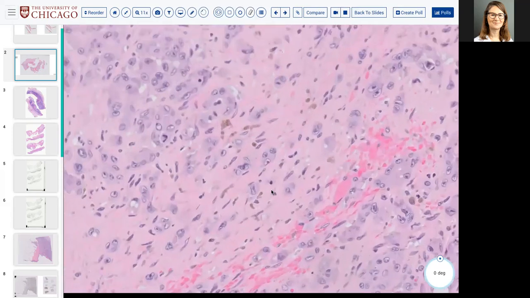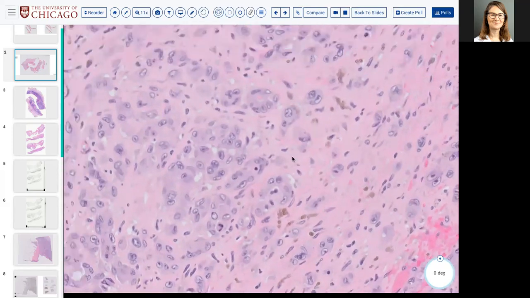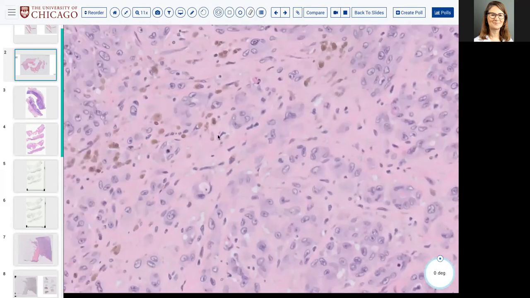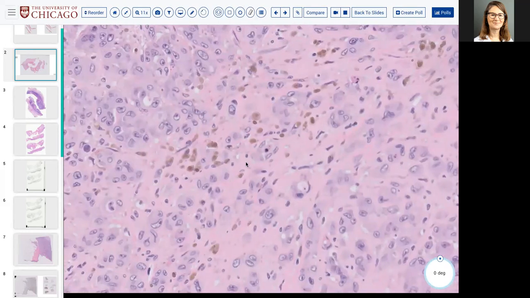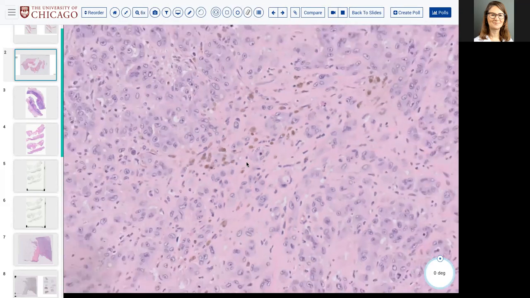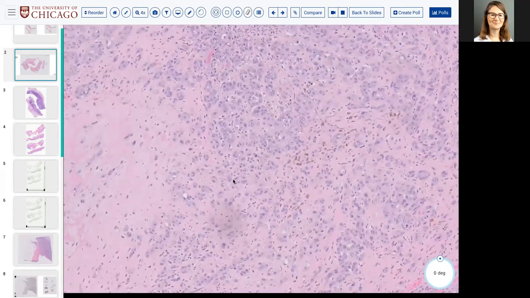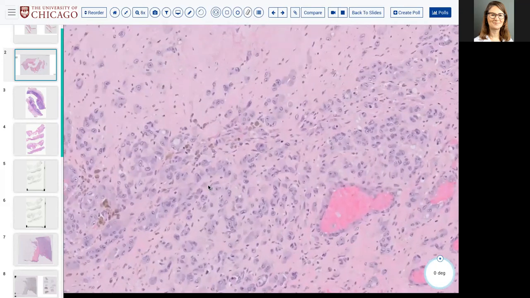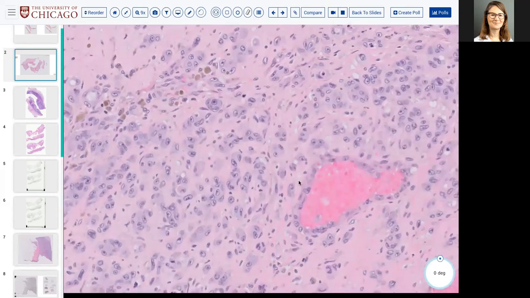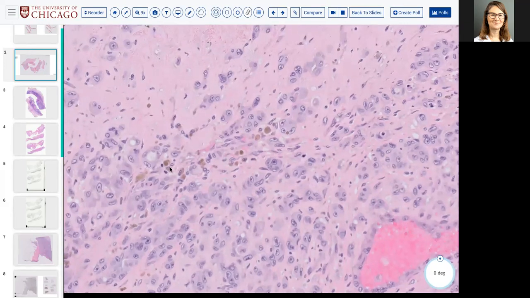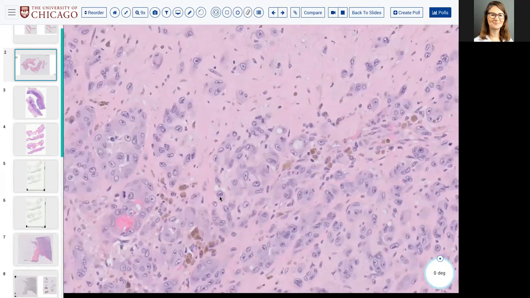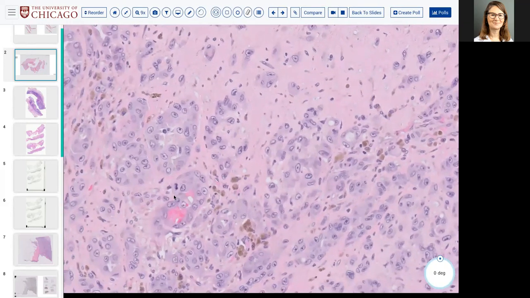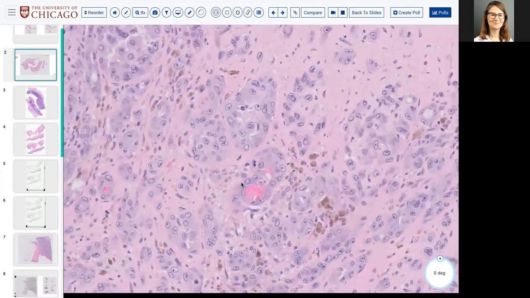One of the clues to its vascular nature was that there was a ton of hemosiderin. That's evidence that there was some red blood cell recruitment. Those red blood cells may have lysed, and now they're present in the form of hemosiderin. So even if you don't see active red cells, a lot of hemosiderin could clue you in to the vascular nature when it is non-vasoformative. Those are the things I wanted to bring up on this slide.